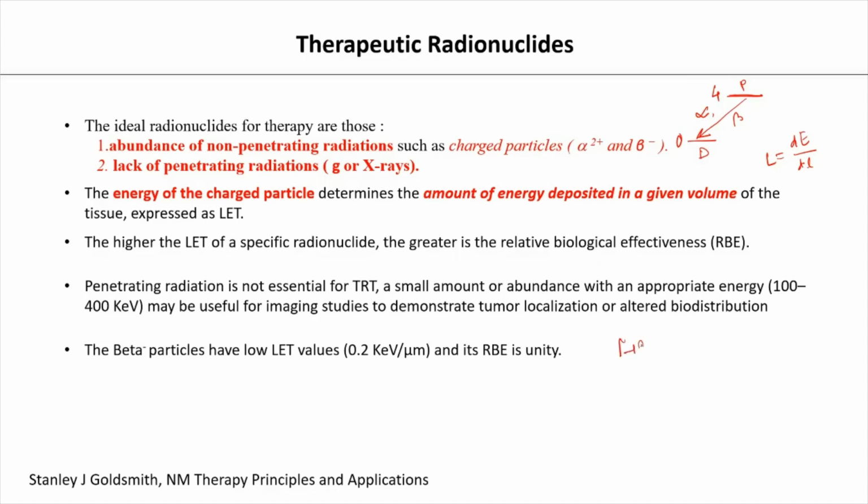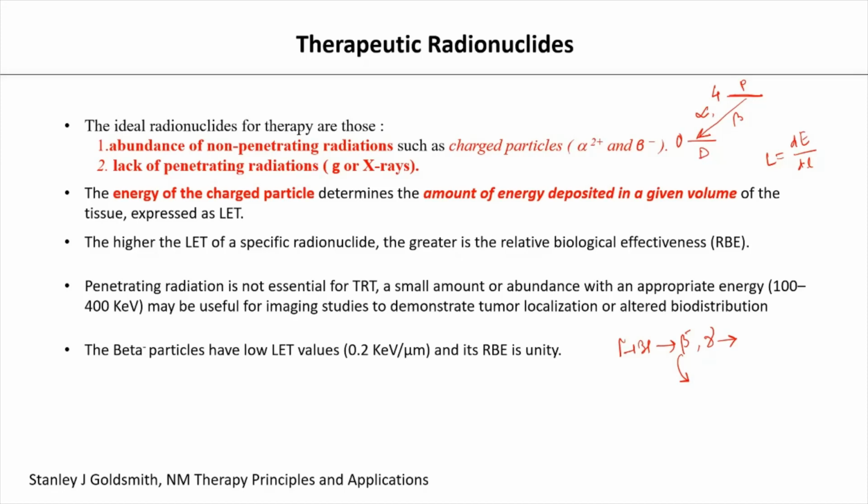So this iodine 131 decays by both beta decay and gamma decay processes. Fine. So this beta decay process is being used for the treatment, the therapeutic part, and this gamma will be used for the post-therapy imaging, which demonstrates the tumor localization and the altered biodistribution.